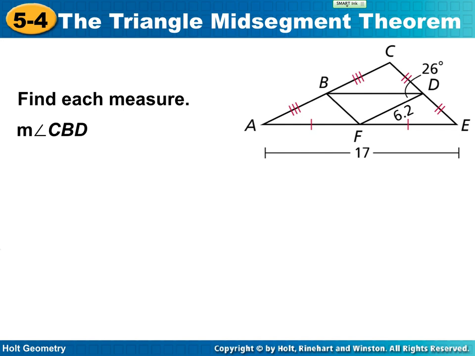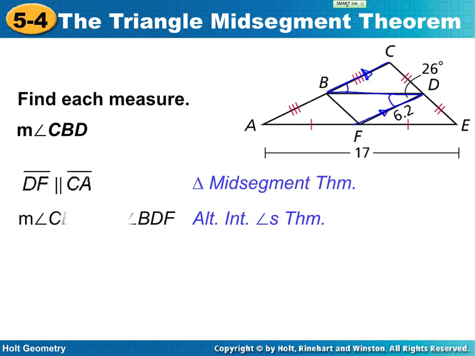What's the angle CBD? Why is it 26? Okay, some of you are looking alternate interior, this angle and this angle, because this mid-segment's parallel to that one. We can make the Z, the corners of that Z are the same.